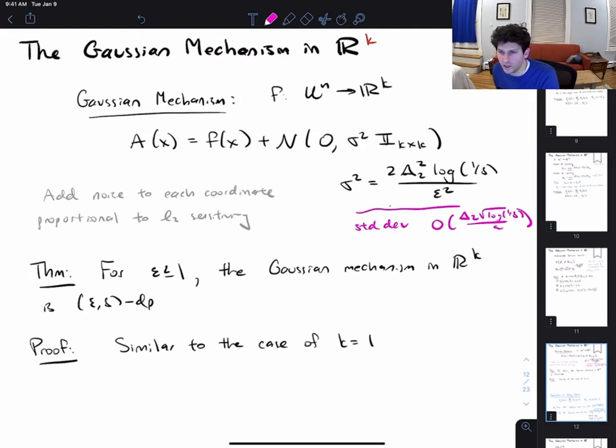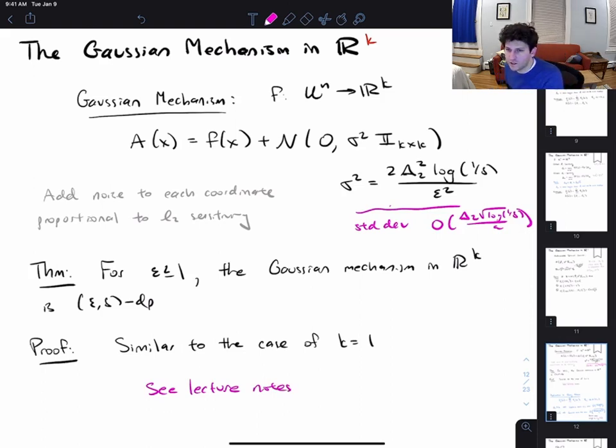And we can look at what conditions on y have to hold for that ratio to be larger than e to the epsilon, and verify that we're unlikely to see such a y under A(x). I'm not going to go through the proof in the lecture because it's a little more technical than I think is appropriate for a recording, so see lecture notes.